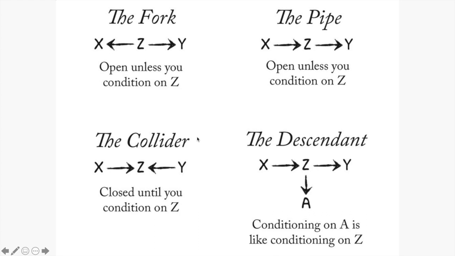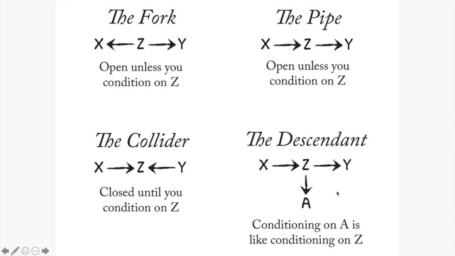The collider, this one's actually already closed unless you condition on z. When you condition on z, you actually introduce a confound into the model. It's weird, but by controlling for it, you're actually adding a confound. These other 2 situations, when you control for it, you actually remove that confound.